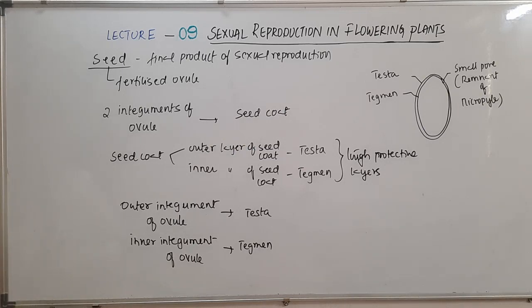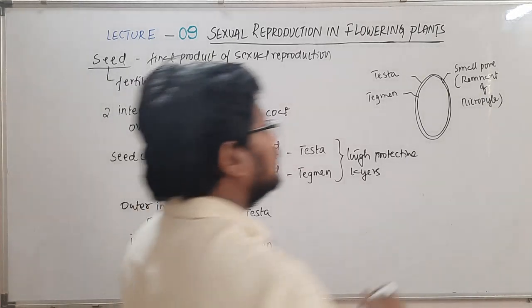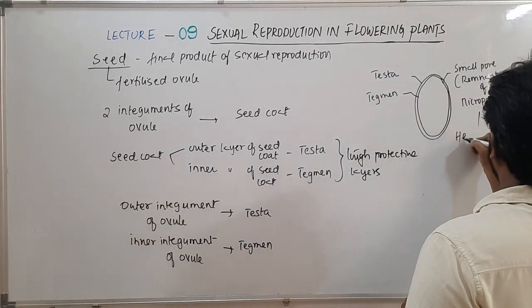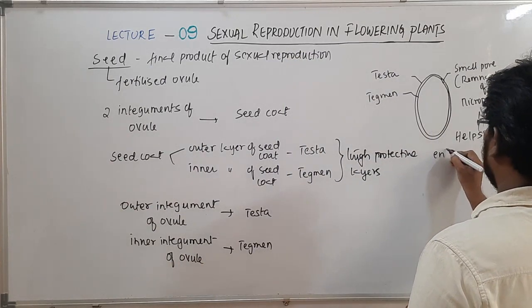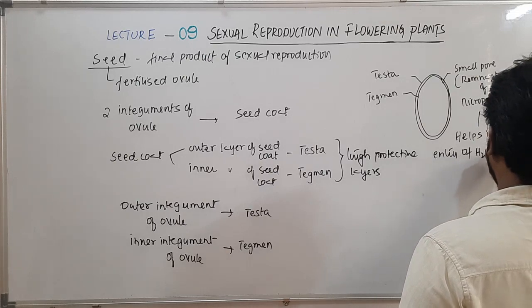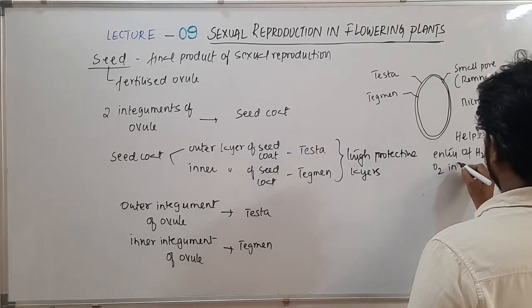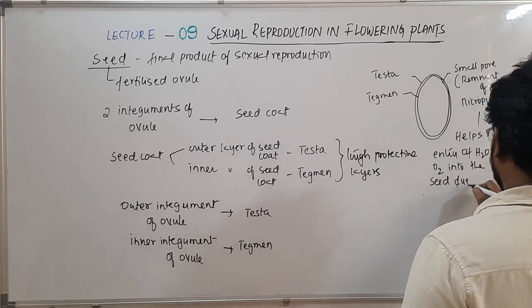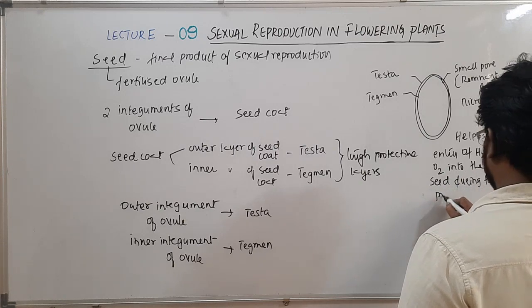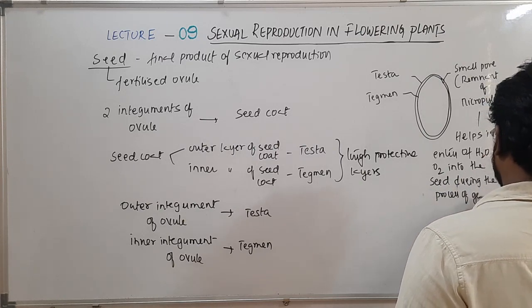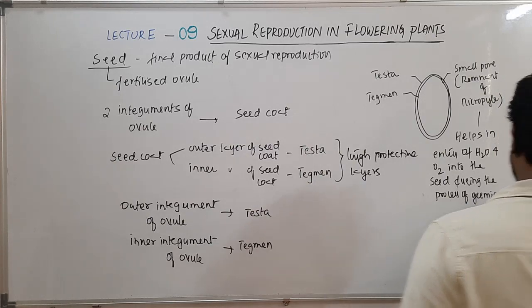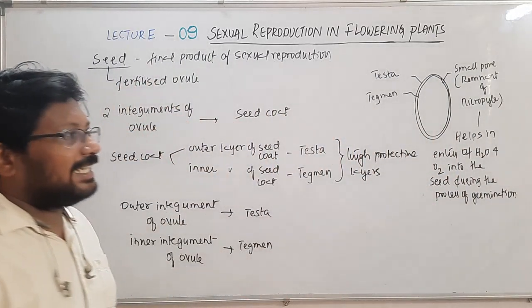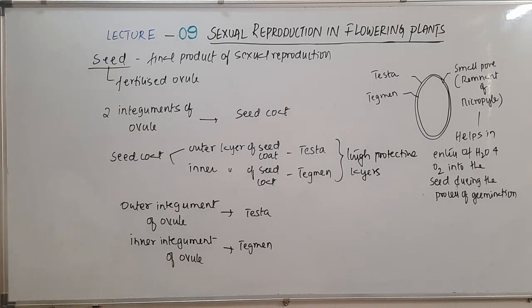The purpose of this micropyle is that it helps in the entry of oxygen and water into the seed during the process of germination.